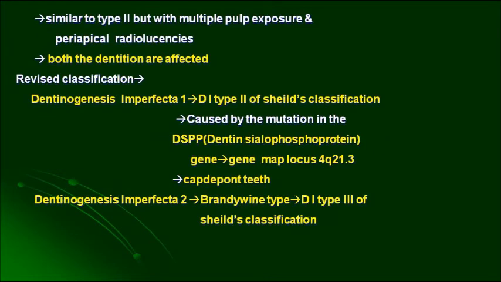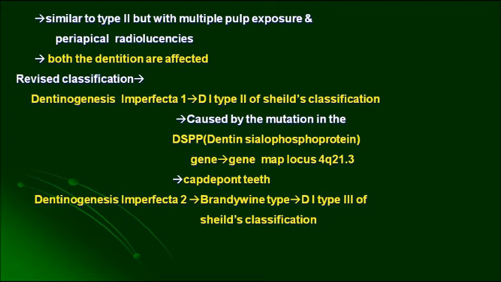Now when we look into the revised classification, dentinogenesis imperfecta is classified into just two types, type 1 and type 2. In the revised classification, from the Shield classification, they are summarized into two types, dentinogenesis type 1 and type 2.